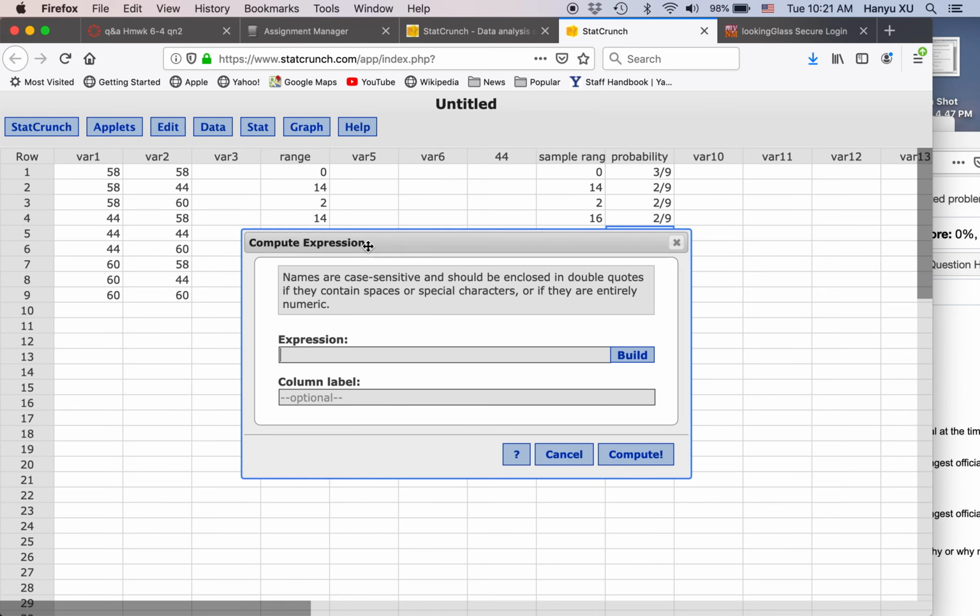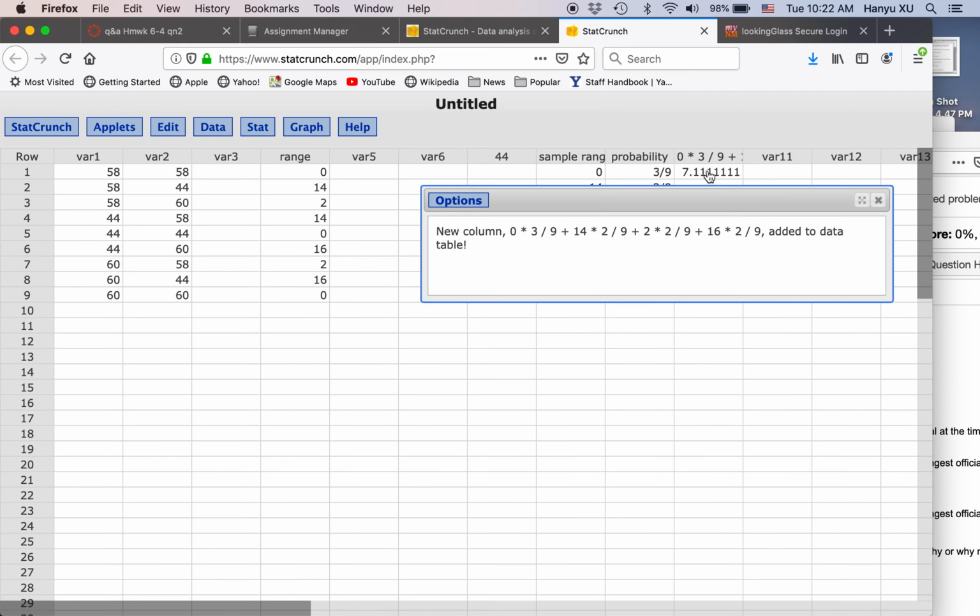So for example, you want your expression to be here. 0 multiplied by 3 over 9, plus 14 multiplied by 2 over 9, plus 2 multiplied by 2 over 9, plus 16 multiplied by 2 over 9.